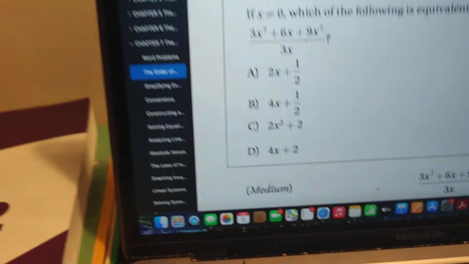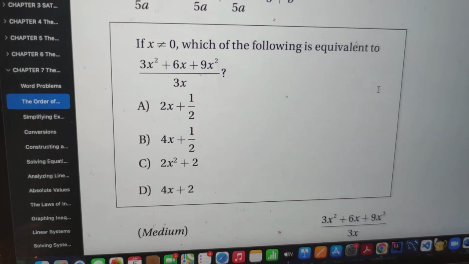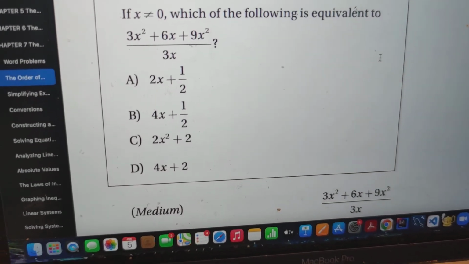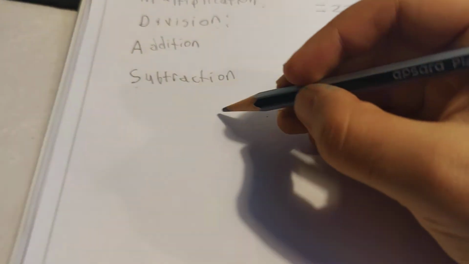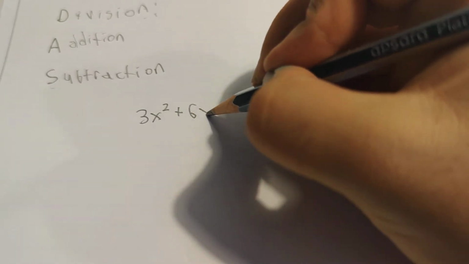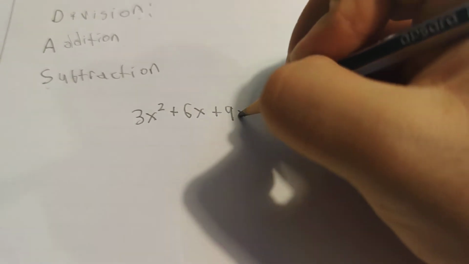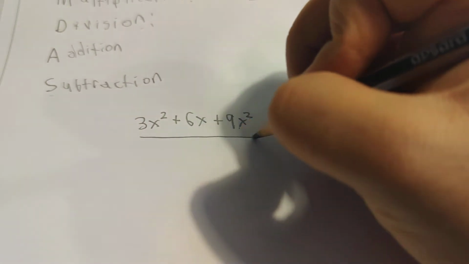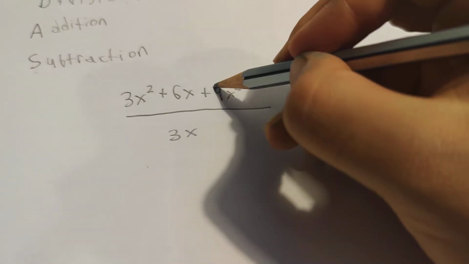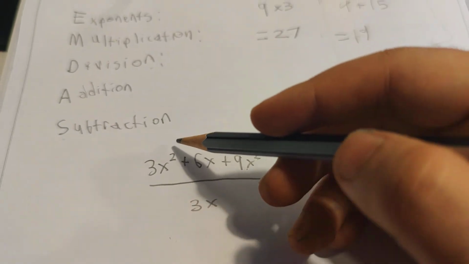The first one here, for example: if x is not equal to 0, which of the following is equivalent to 3x squared plus 6x plus 9x squared, all upon 3x? Now let's do this one here. Now we have division.